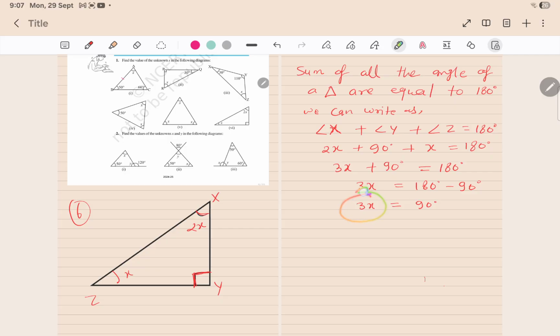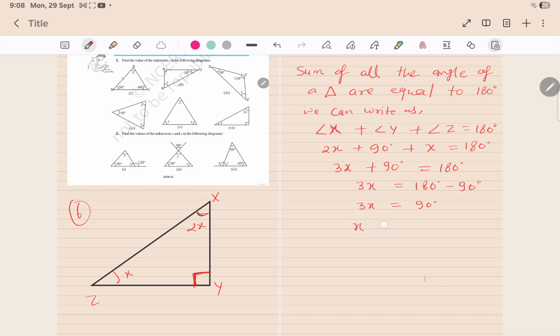3x means 3 into x. 3 is multiplied here, but when transferred to this side it changes to divide.